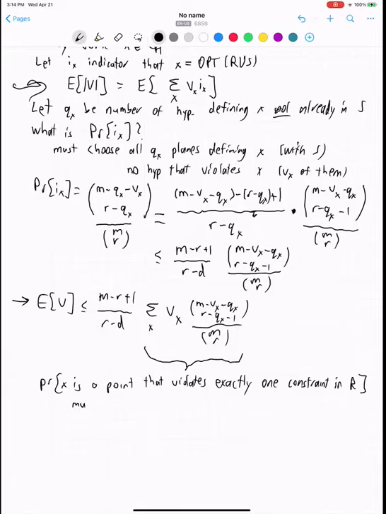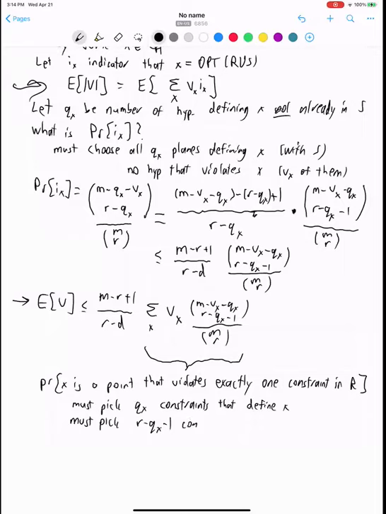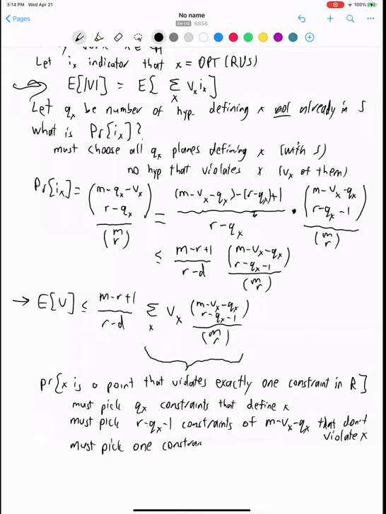Well, we must pick the Qx constraints that define X. And we must pick r minus Qx minus 1 constraints of the m minus Vx minus Qx that don't violate X. And then we must pick one constraint of the Vx that violate X.